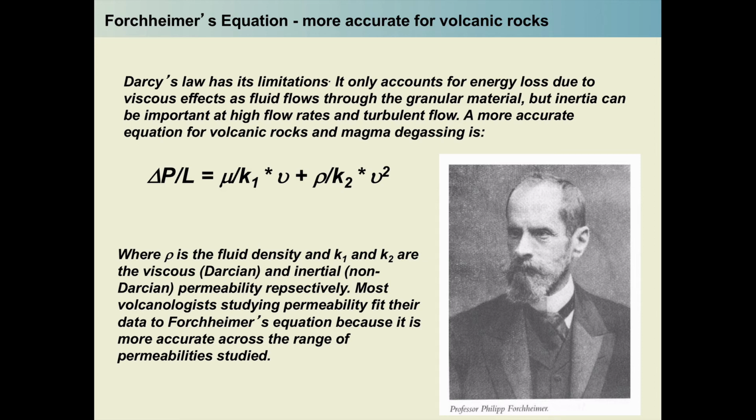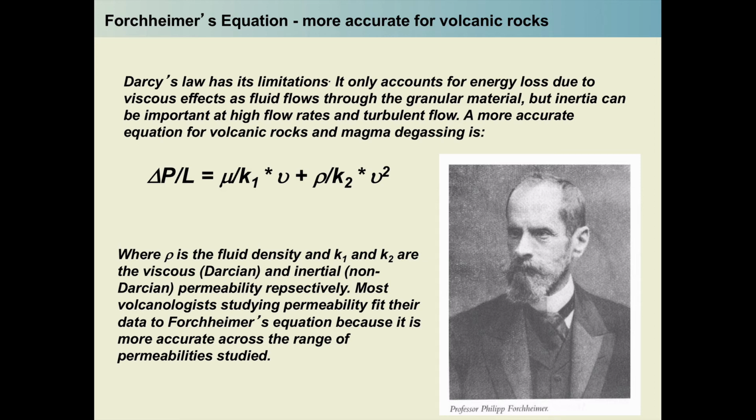Inertia can actually be important when you have high flow rates and turbulent flow. So this means that if your fluid flowing through your granular media is turbulent, you're going to also lose a little bit of energy due to inertia as the fluid is swirling around, or it's following tortuous pathways. So the connected pathways are really squiggly and irregular.